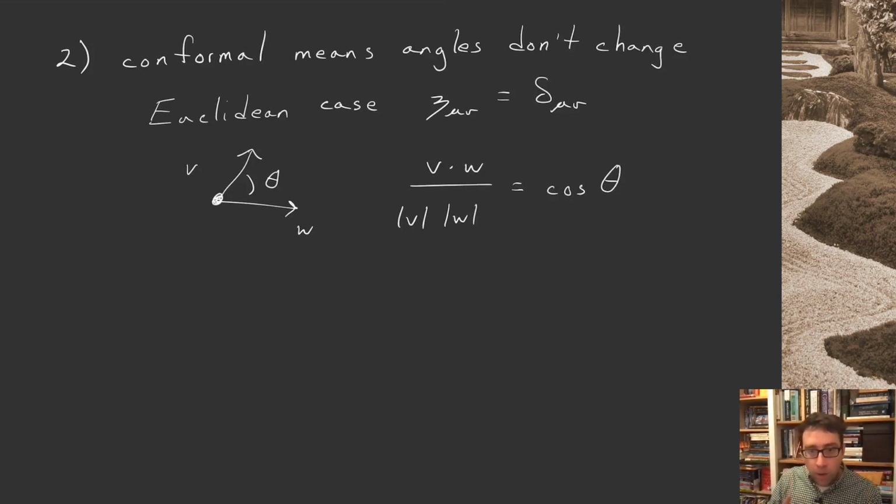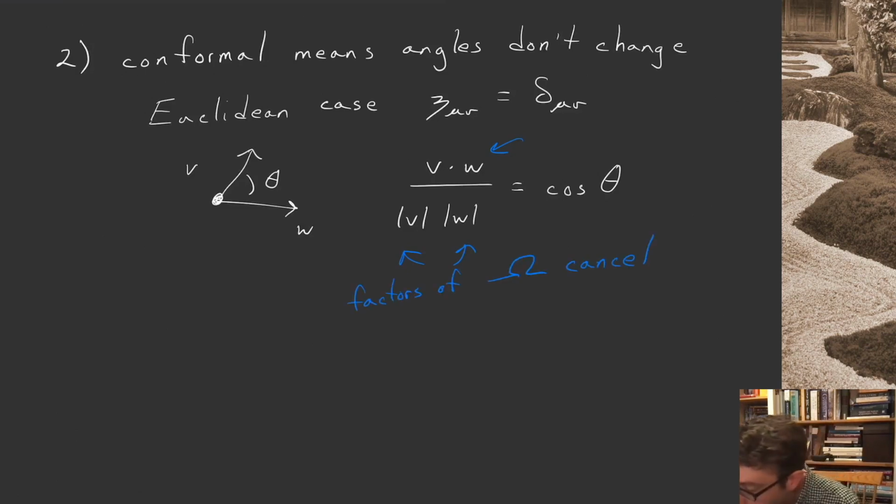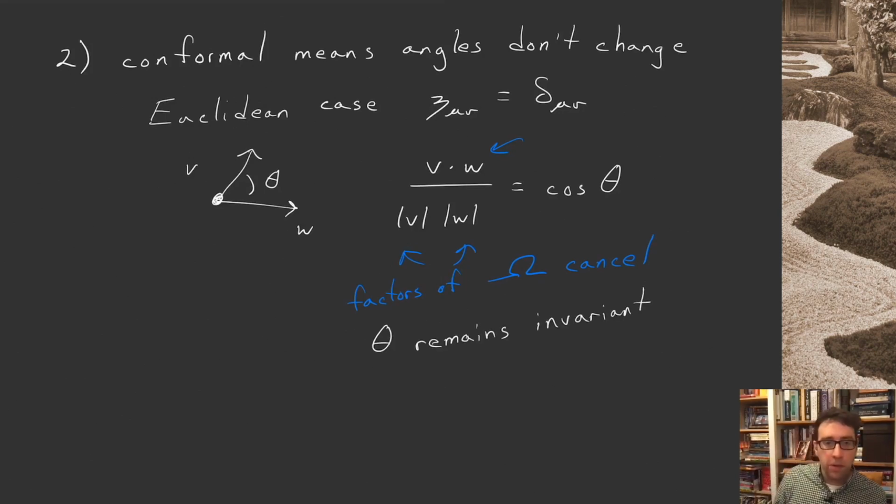Why do I bring this up? You have the same number of factors of the metric in the numerator and the denominator of this fraction. You've got one factor of the metric up top, and a half power for this norm and a half for that norm. And so the factors of omega cancel, and theta remains invariant under the transformation. So angles don't change under conformal transformations. That was the second remark.